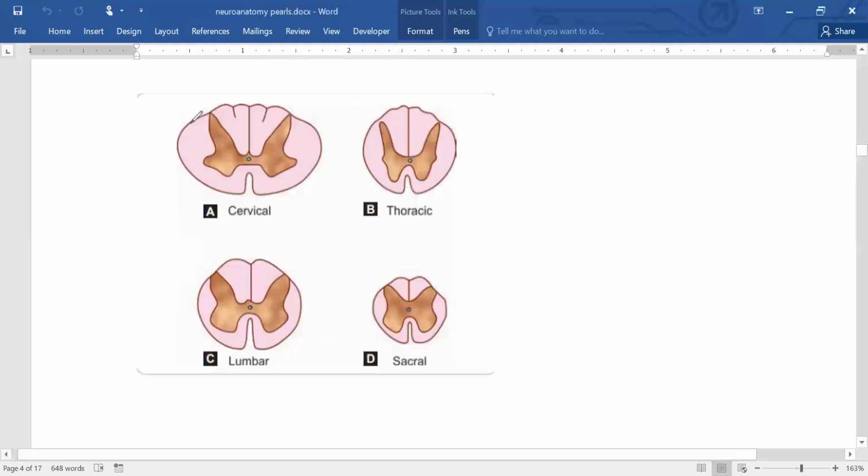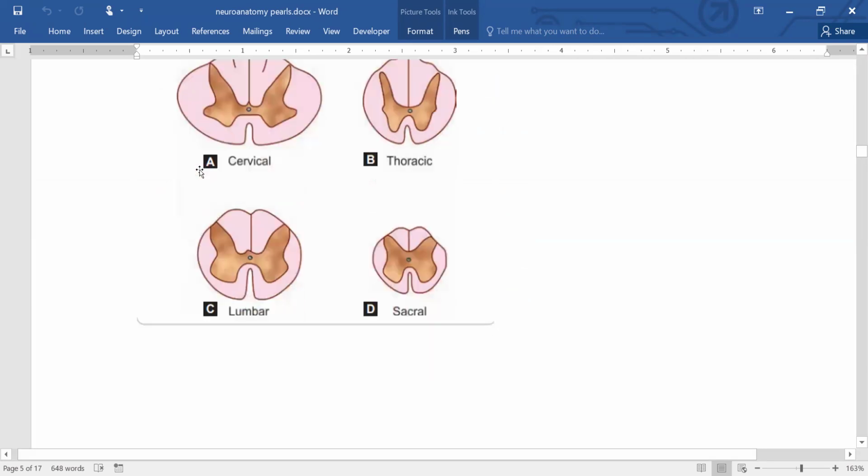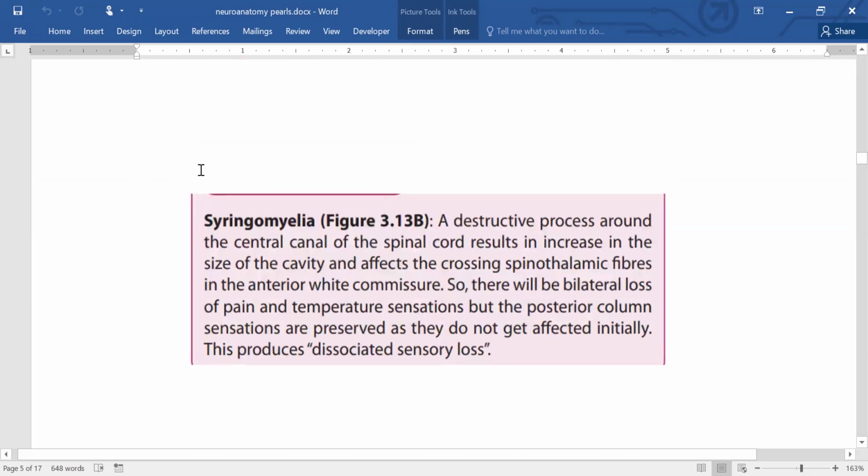Now you can observe here that in the lumbosacral region and the cervical region there is more gray matter, while in the thoracic region the gray matter is less. But the white matter increases as we go up in the spinal cord, and its amount is more in the cervical region.